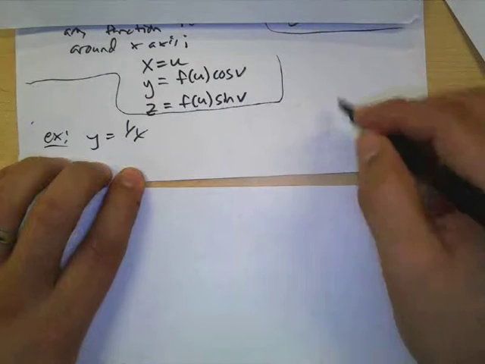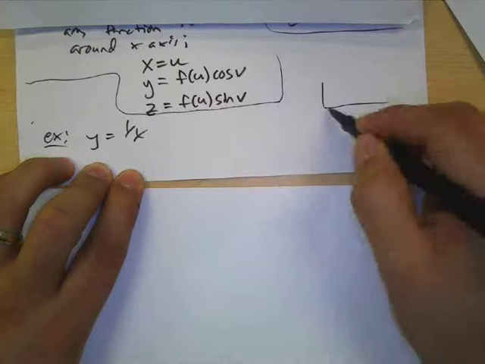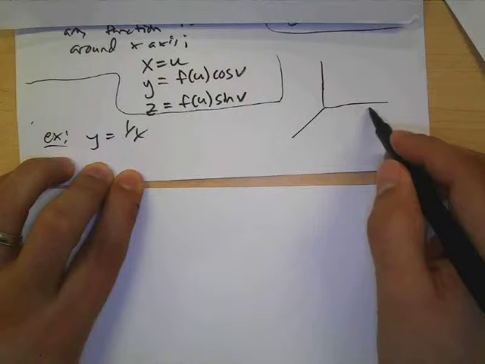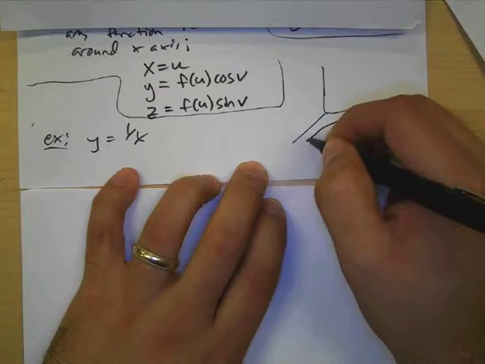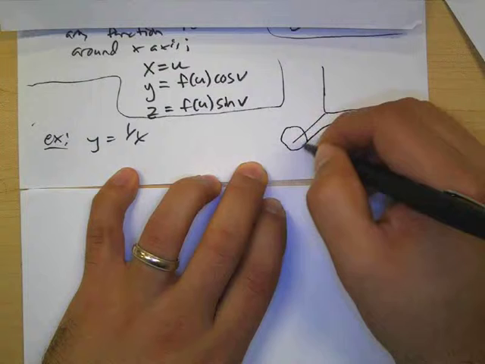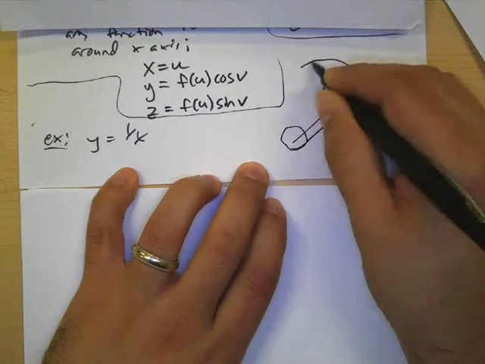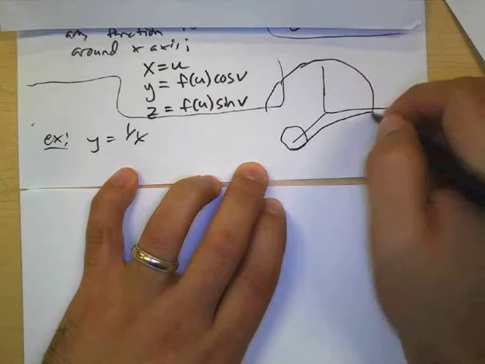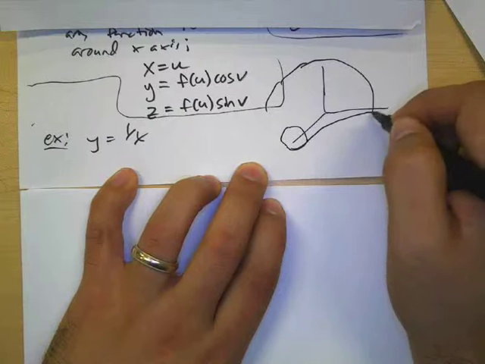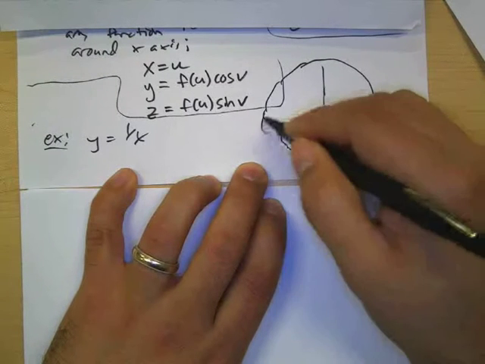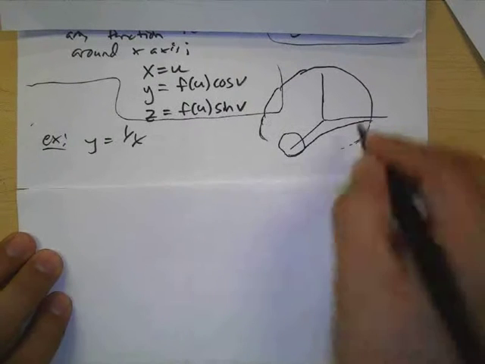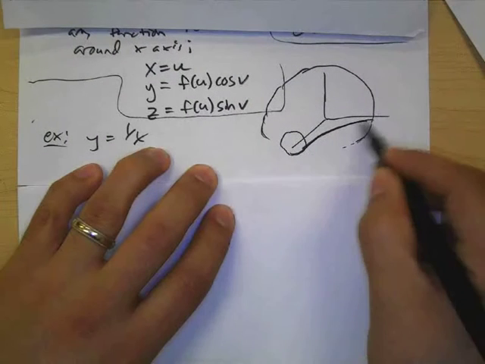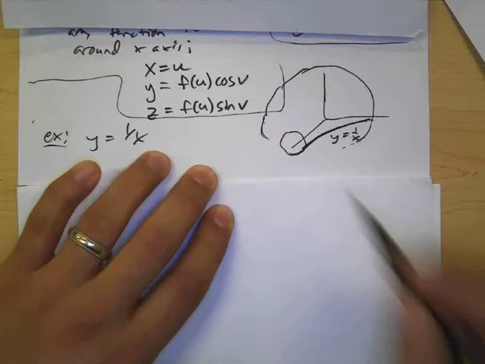Which, by the way, what would that look like? 1 over x looks roughly something like that, right? So if we revolve this around the x-axis, we get something that looks kind of like that. It's like a funnel. I can't really draw it too well, but my computer will draw it for me here in just a minute. Anyway, now we get a surface when we revolve this y equals 1 over x curve around the x-axis.